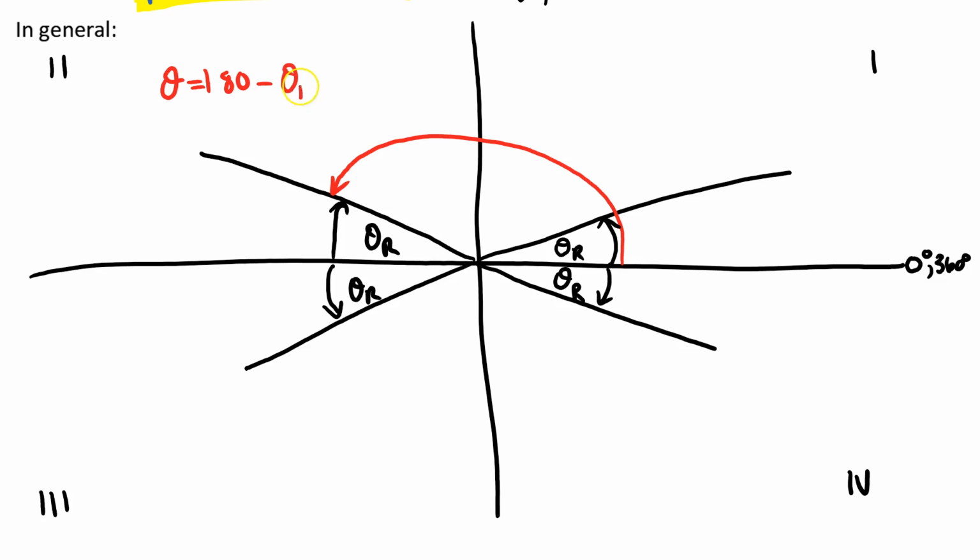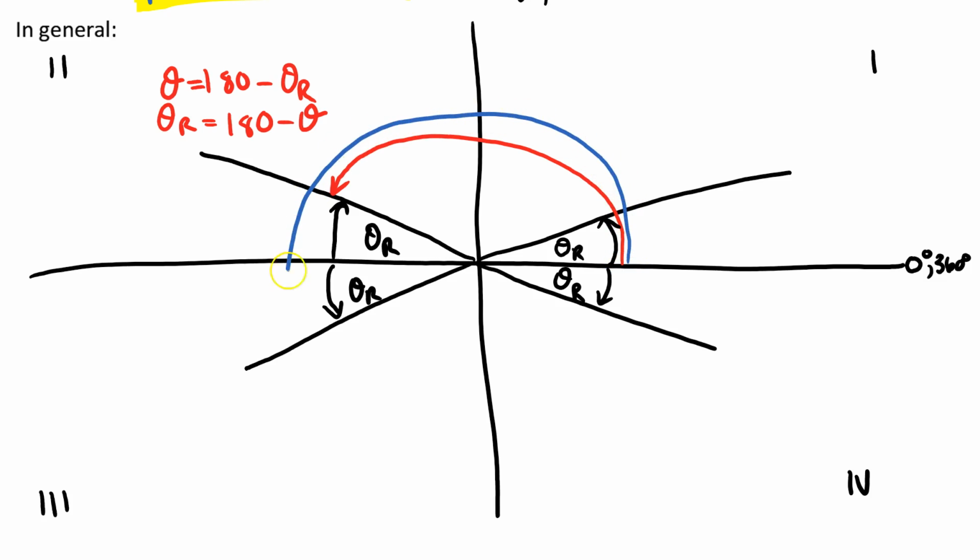Now, if you're asked what the reference angle is, it's going to be the whole 180 minus this angle here, which will be between 90 and 180. So those are the two helpful formulas that you should get to know.